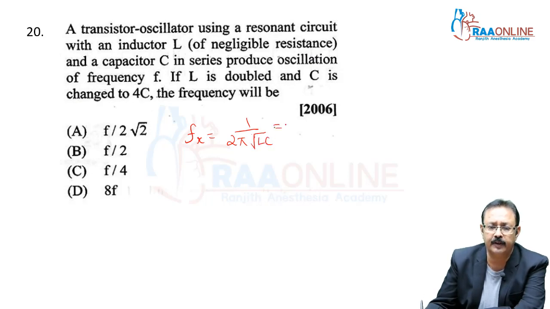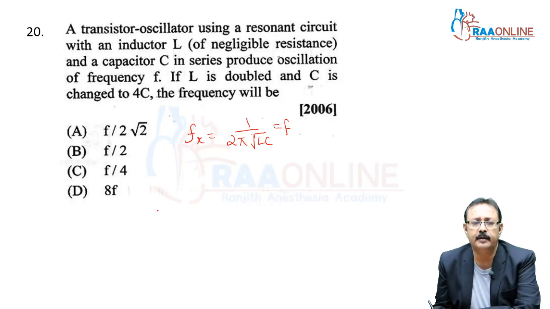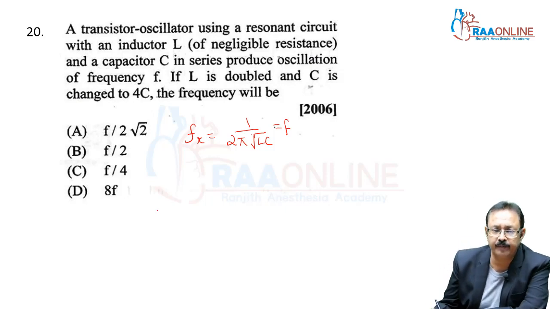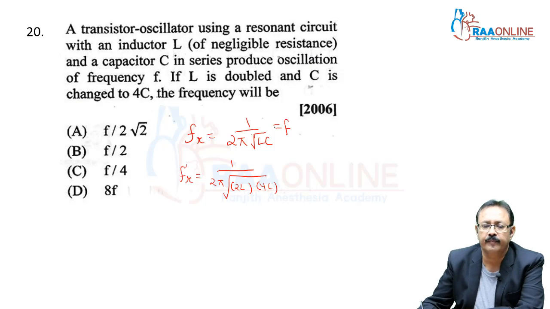They are saying it was F. If L is doubled and C is changed to 4C, what is the frequency now? L is doubled, means 2L. C is changed to 4C.